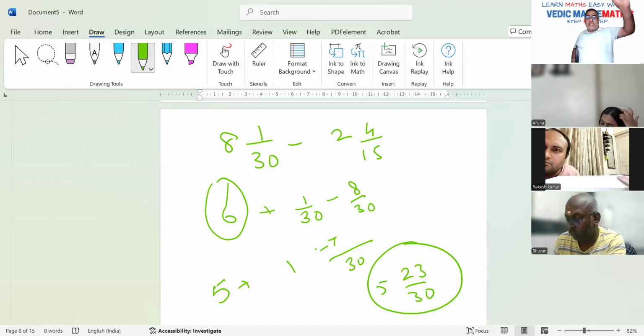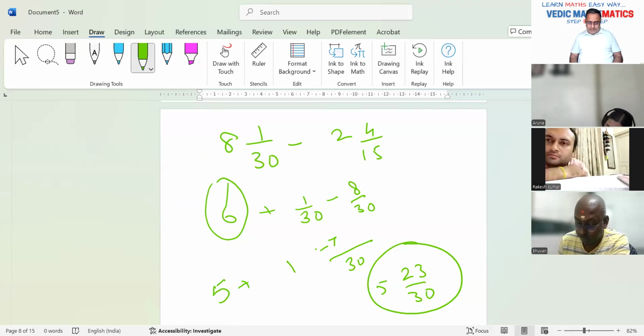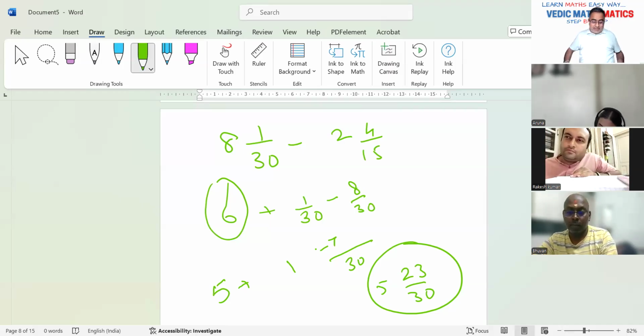This is the easiest and the best approach. Whenever you get a negative, release 1. Clear now? Now let me give you an exercise on this.